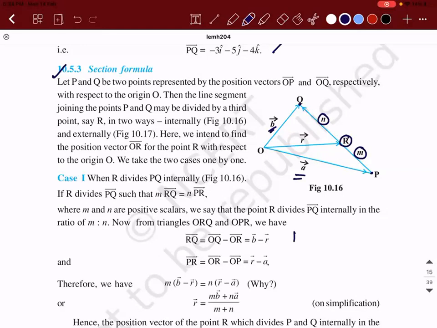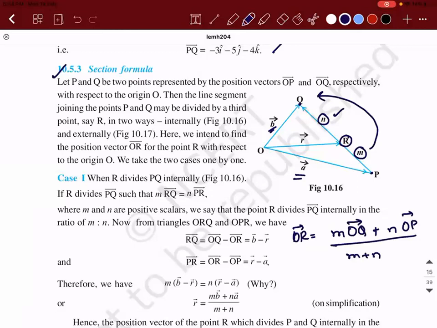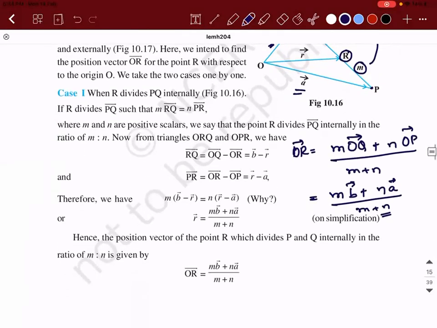Then can I write OR vector is equal to M into OQ vector plus N into OP vector divided by M plus N. So M into OQ vector is B vector plus N into OP vector is A vector, the whole divided by M plus N.